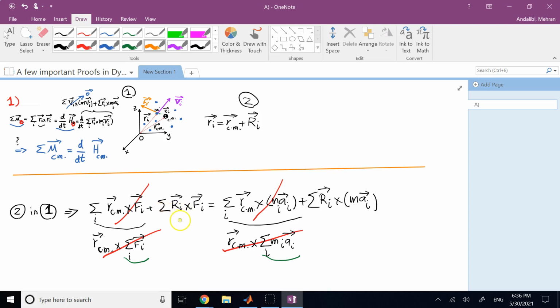This guy here, underlined in orange, that's clearly summation of the moments with respect to the centroid, isn't it? Sure. And this term on the right hand side, this guy, the same way that I showed you that summation of small r MiAi is what?